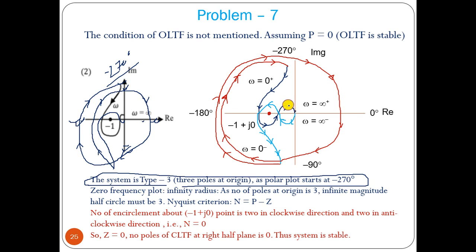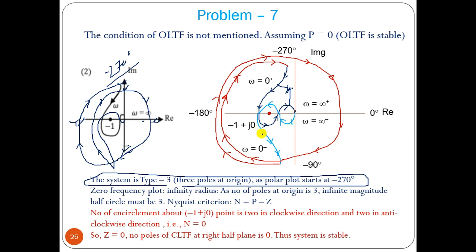This is your polar plot that is given. After that we have this 0 radius plot due to the infinite radius in the Nyquist contour. In the Nyquist plot that becomes 0 radius.